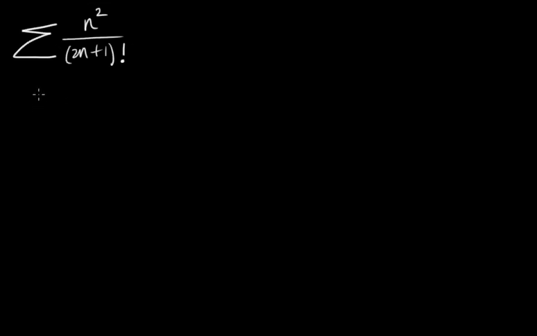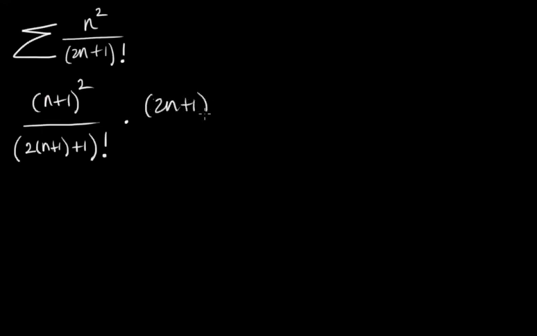So I'm going to take the n plus first term. So that would be n plus 1, adding 1 to n everywhere I see it, n plus 1 squared over, oh boy, this is going to be a hard one, 2 times n plus 1 plus 1, factorial. And now that's over this thing, but I'm going to invert and multiply.